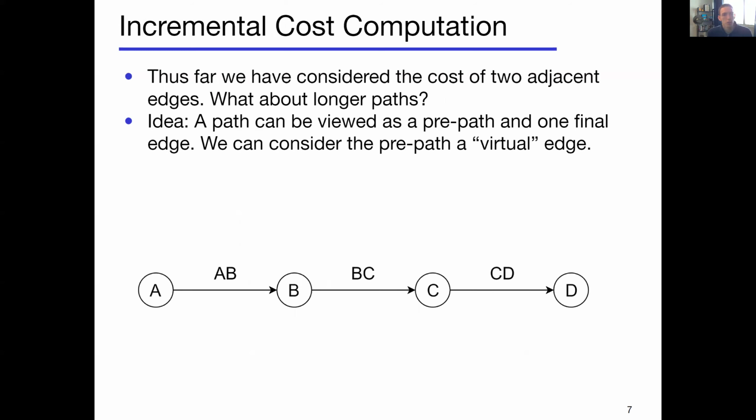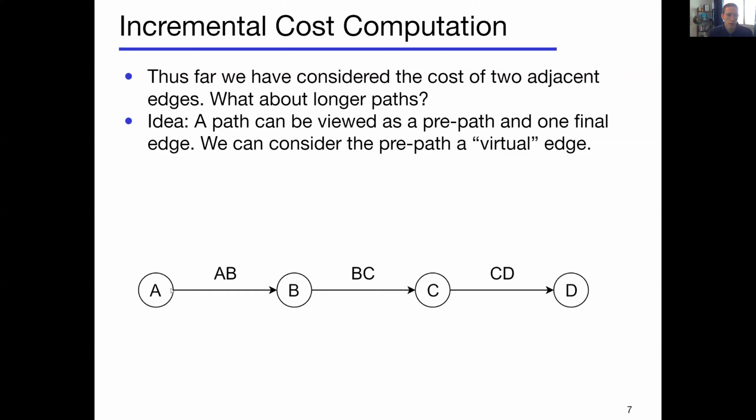Now, so far we only considered two adjacent edges, and of course we also want to be able to compute the cost for any path of arbitrary size. So the idea is that we have a path, and we want to compute the cost for the full path, and what we take is the cost for the pre-path up to the last edge plus the cost of the last edge, and we combine those and we obtain the cost for the full path, right?